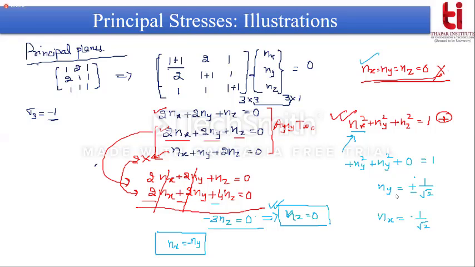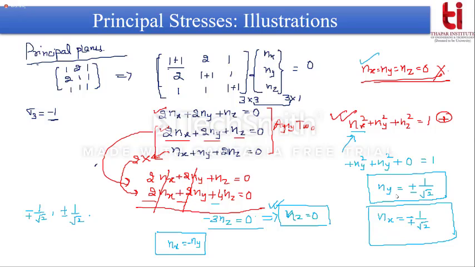Please see here, I have written plus minus, and nx must be negative of ny, therefore for nx I write minus plus. So my direction cosines of the normal to the principal plane will be 1 by root 2, comma 1 by root 2, comma 0, or if I write it like this, minus plus 1 by root 2, comma plus minus 1 by root 2, comma 0. So these will be the directions of the principal planes, you can say the normal to the principal plane.